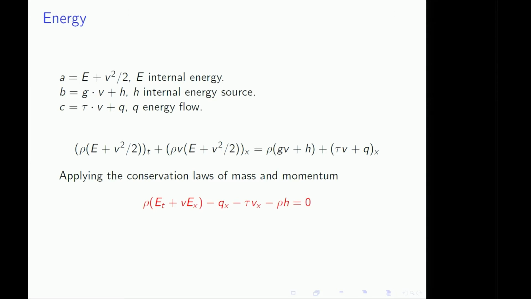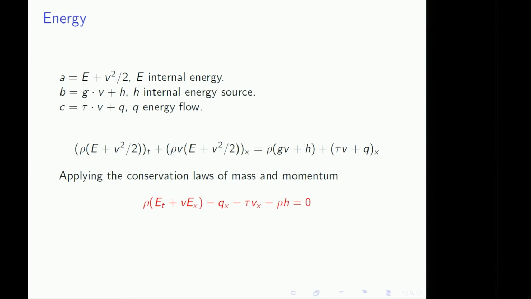So you have something that you model as an internal energy source. And finally, you have energy flow on the boundary. Well, once again, you have the force that is applied on the boundary. So it's the pushing energy to the system. And you have energy flow, which is basically the flow of internal energy.